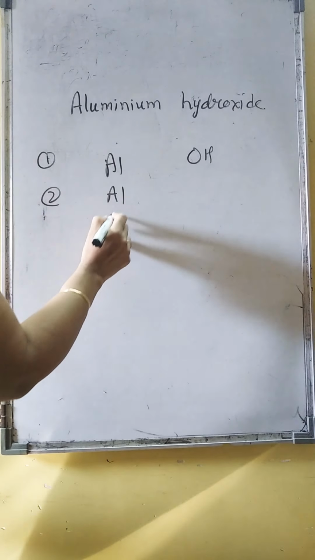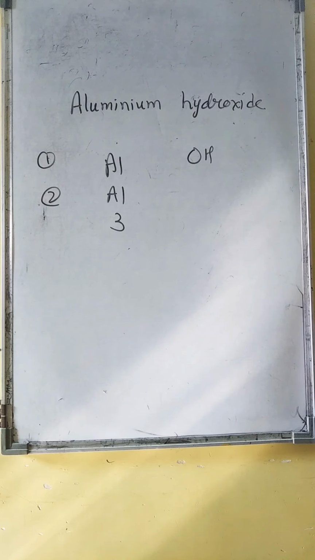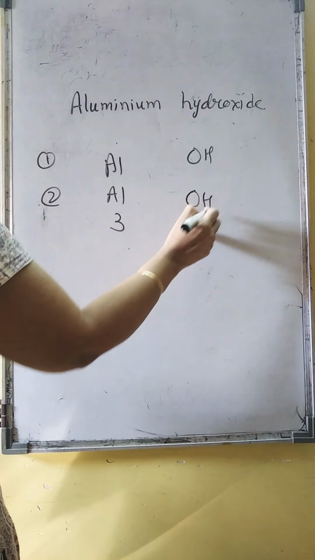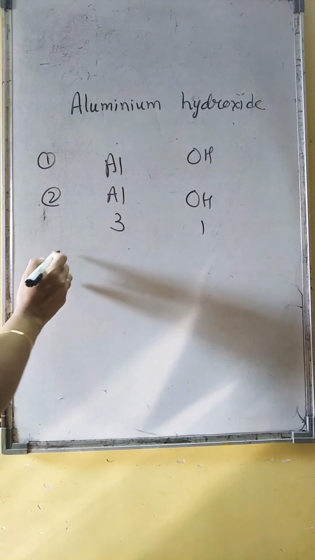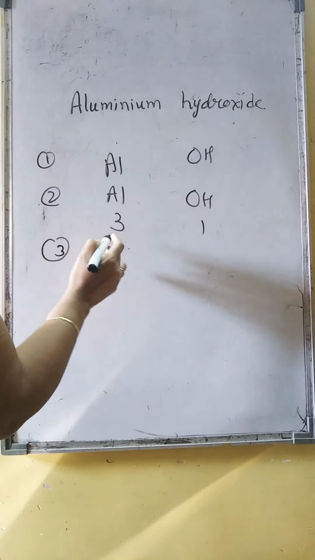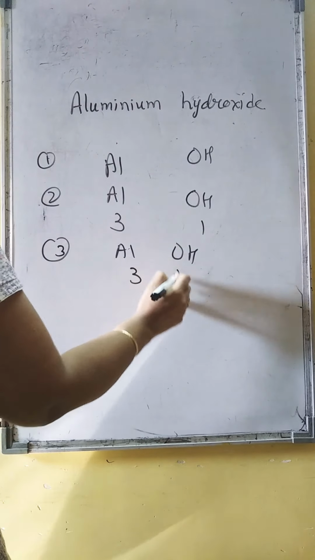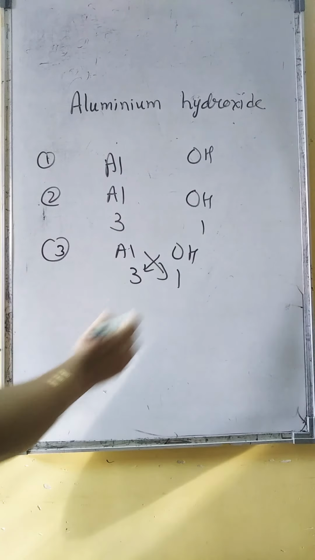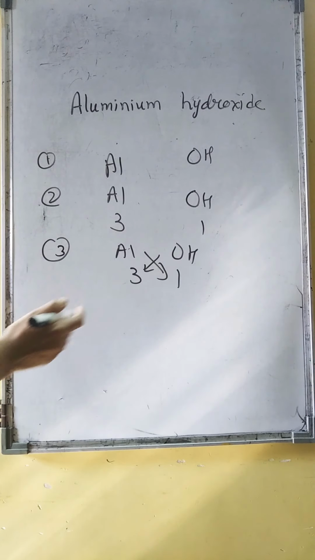Second step, you write the valency. Aluminium has the valency 3 and hydroxyl group has the valency 1. So third step, you are going to do the cross multiplication. So we cannot do the reduced form because it is having just 1 on the right hand side.